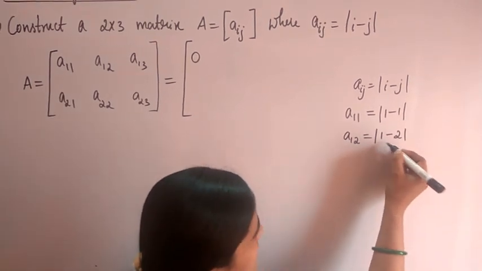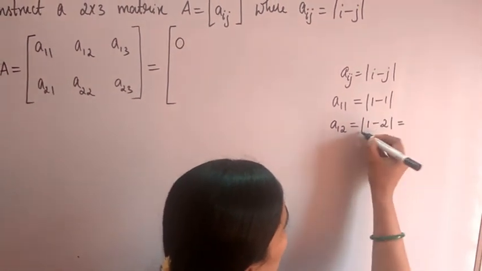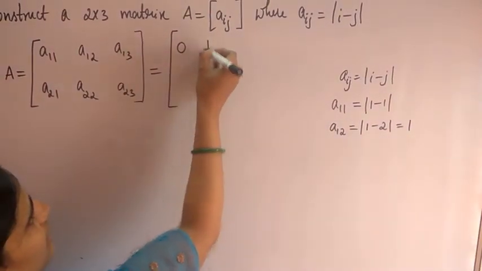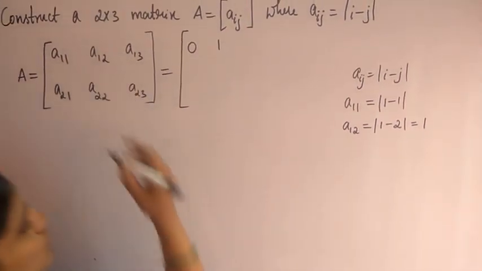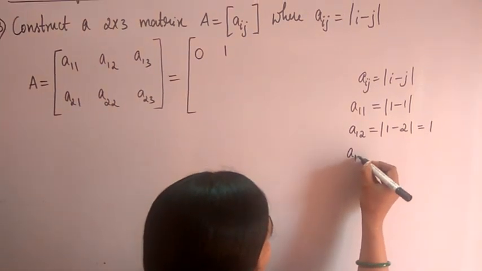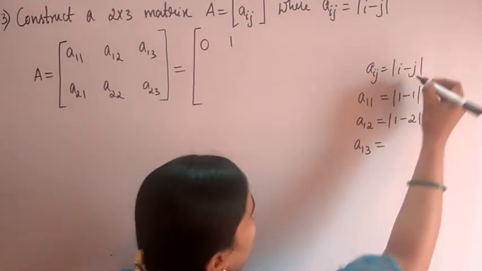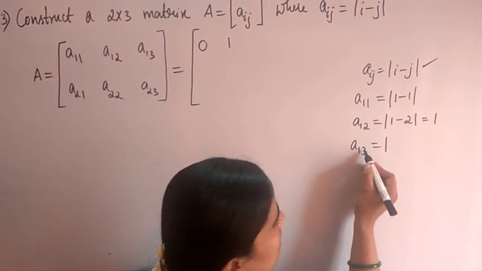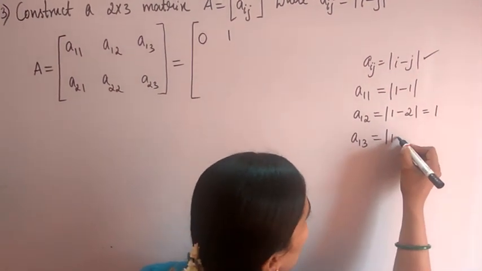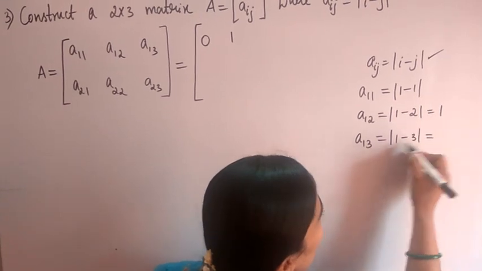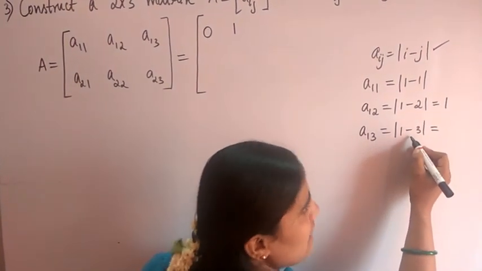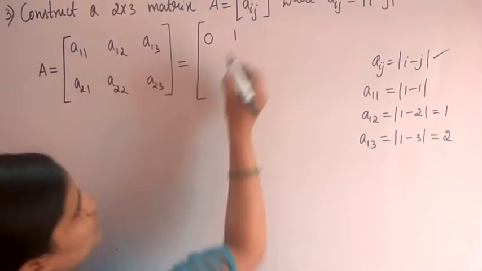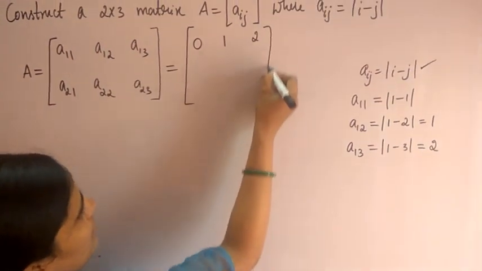So 1 minus 2 is minus 1. Since we have modulus, it becomes plus 1. So here we get plus 1. So let us move on to the third element A13, which is equal to, again we have to take the same formula, modulus, i value 1, j value 3, that is 1 minus 3. We get 1 minus 3 is minus 2. Modulus of minus 2 is plus 2. So since we have modulus, it becomes plus.